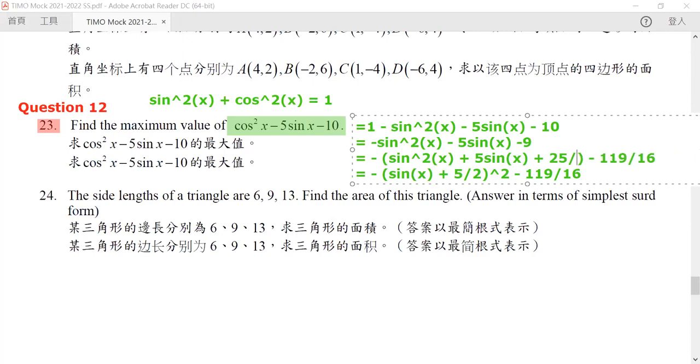So this should actually be 4. Oh, oops. Yes. Thank you. So if we complete the square, this would be 25 over 4, so this should be 9 times 4 minus 25. Also, this should be 11 over 4. Okay, so this would be 11 over 4. Yes, thank you. So this should be like this.